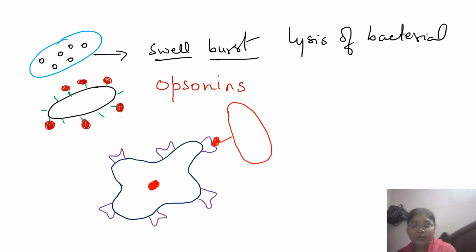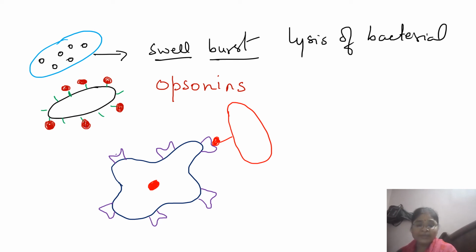It will phagocytize it, because of the opsonin receptors by which they attach. As you have learned, phagocytosis, I need not tell it again and again. They will engulf it and eat this bacteria.